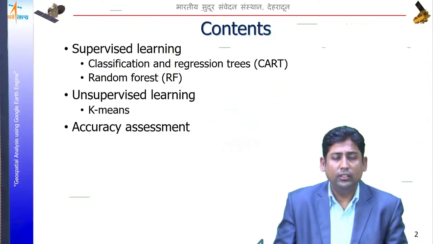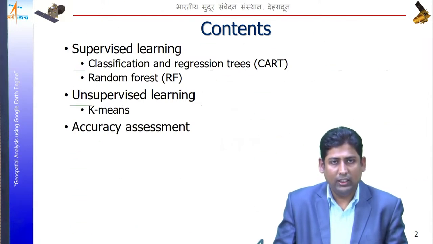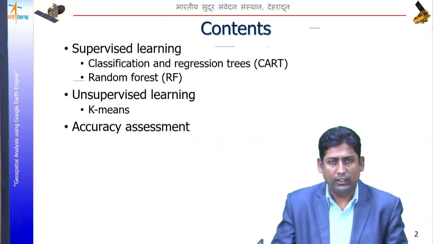So in today's session, we will talk about classification of satellite images using supervised learning and unsupervised learning methods. In supervised learning, I will be telling you about classification and regression trees, popularly called CART algorithms, and random forest or RF algorithms.